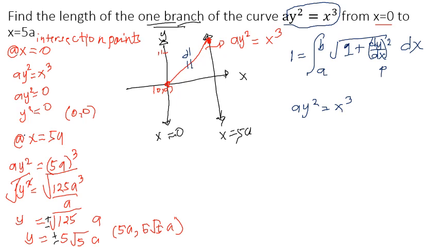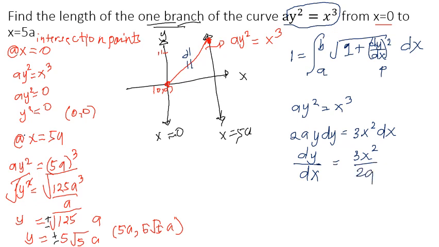So this is now equal to 2ay dy is equal to 3x squared dx. So I need to isolate again dy all over dx. So I need to do cross multiplication. So this is dy all over dx is equal to 3x squared all over 2ay, right?